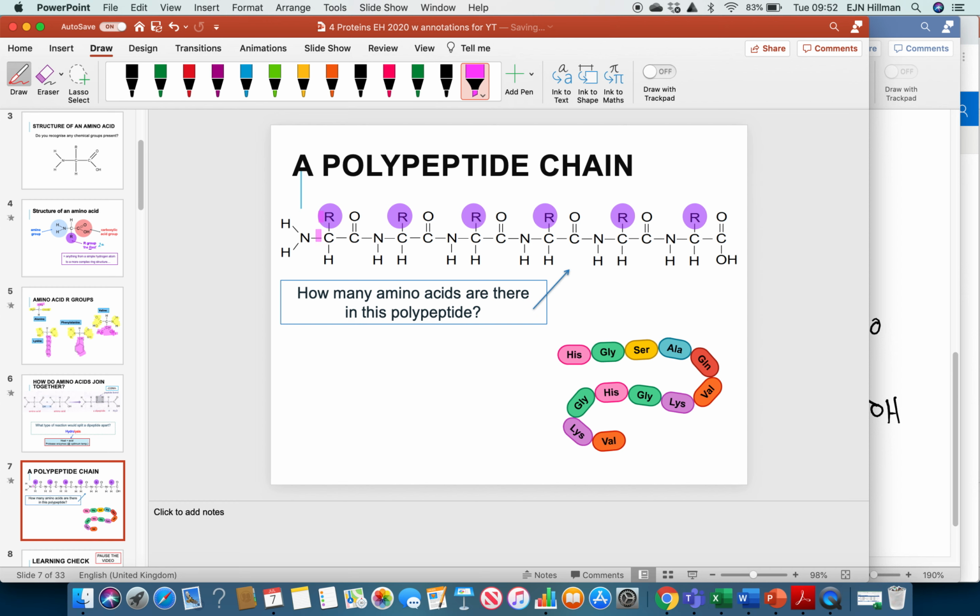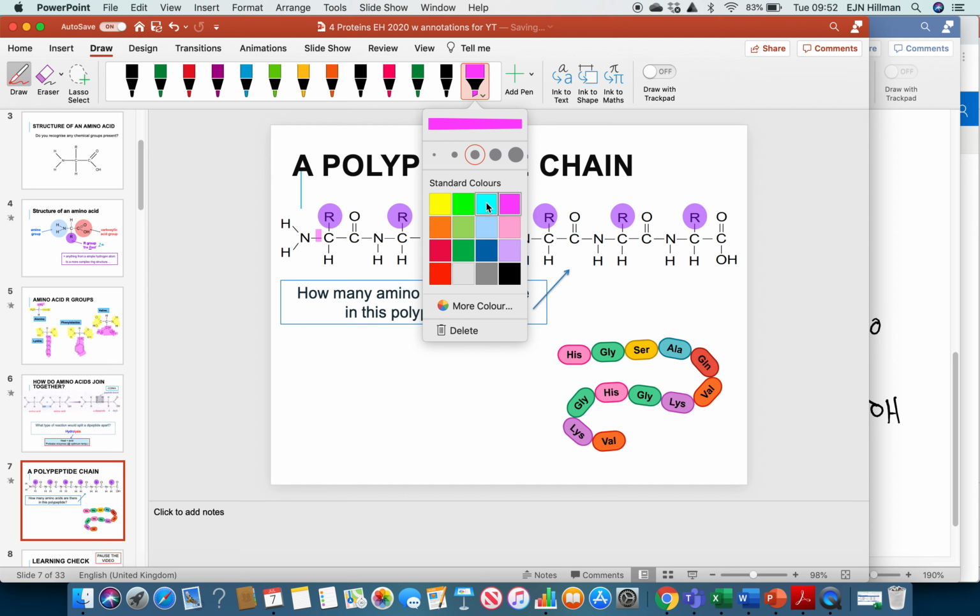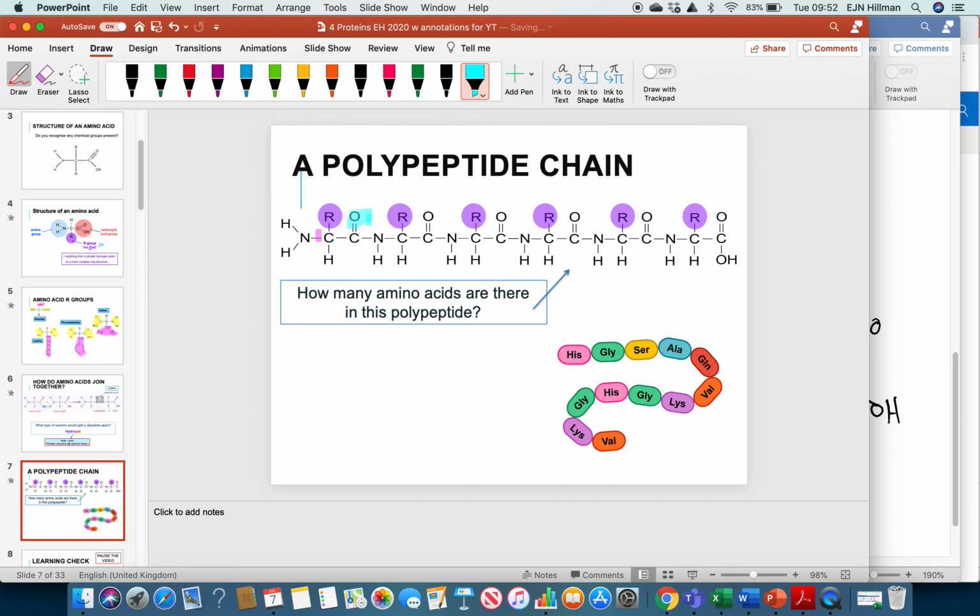So here we can see 1, 2, 3, 4, 5, 6 R groups, all in a chain. I'll just highlight the peptide bonds for you. So one peptide bond and another, like so.